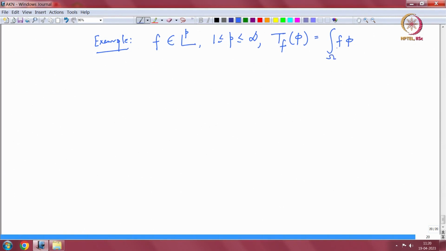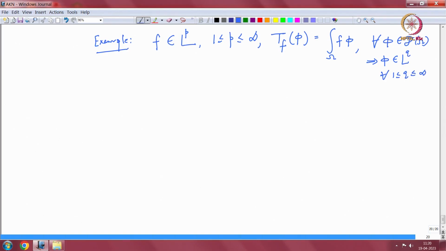You have to show the well-definedness that you have seen, because if phi is in D of omega, then phi is in L^q for all q. So, you apply the Hölder inequality to show that it is finite.